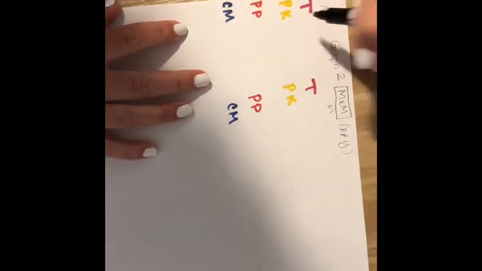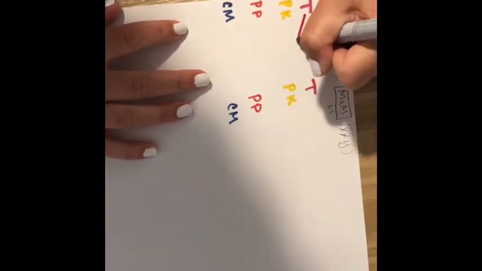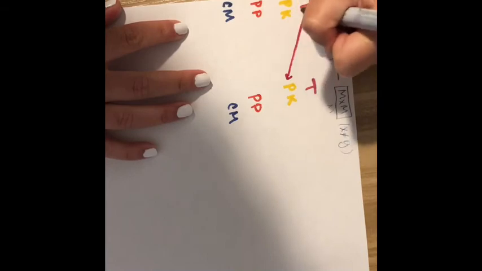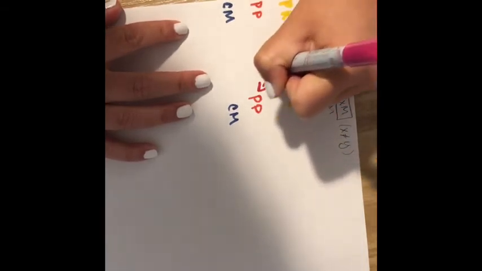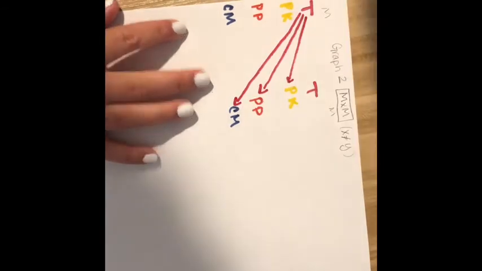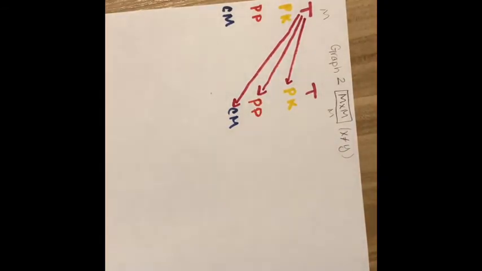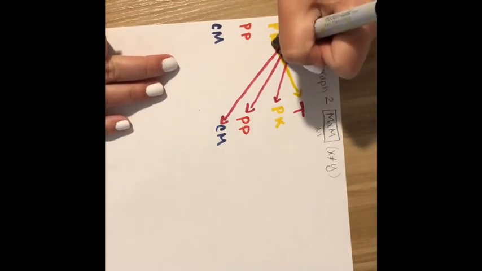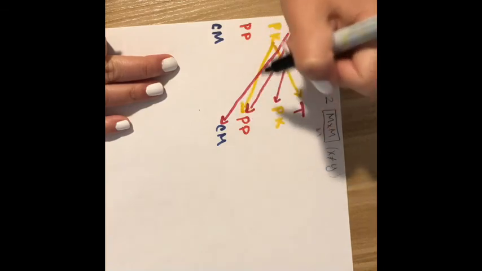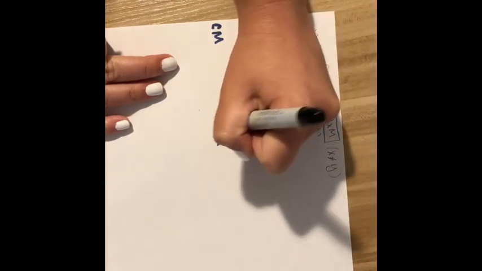So we're going to start with pink here. So Trolls goes to Pokemon. Trolls can go to Paw Patrol. And Trolls can go to Captain Marvel. Pokemon can go to Trolls. Pokemon can go to Paw Patrol, and Pokemon can go also to Captain Marvel.